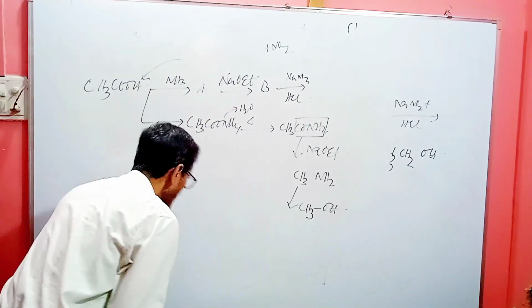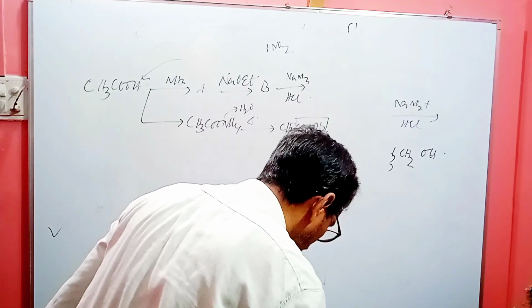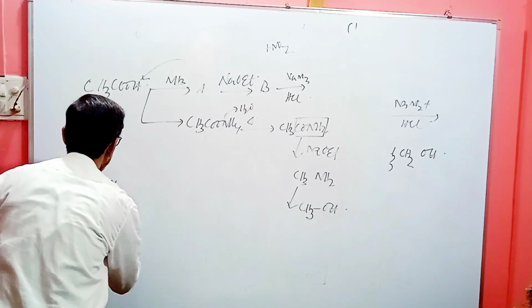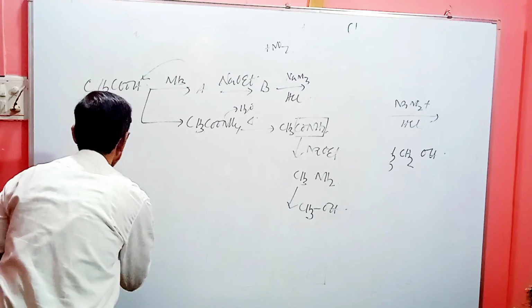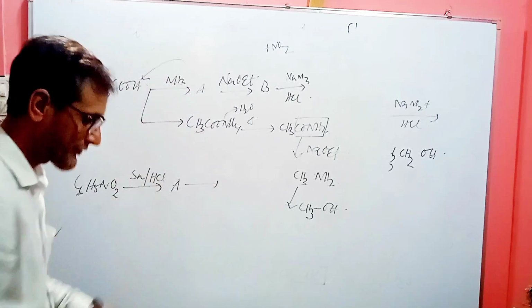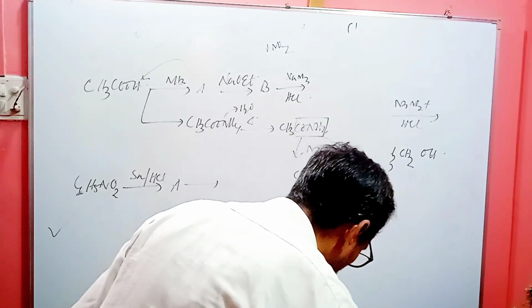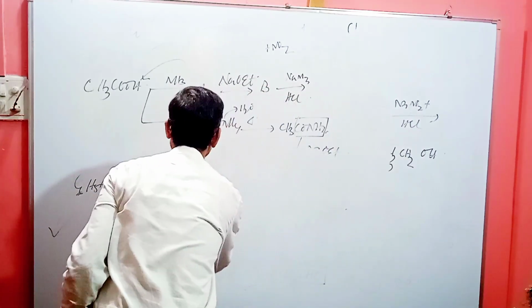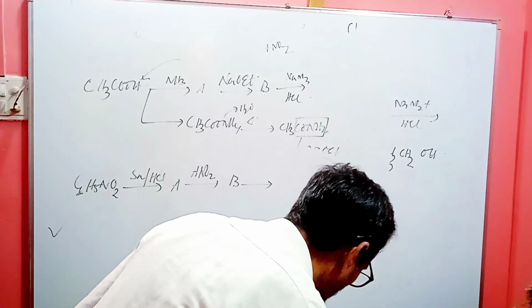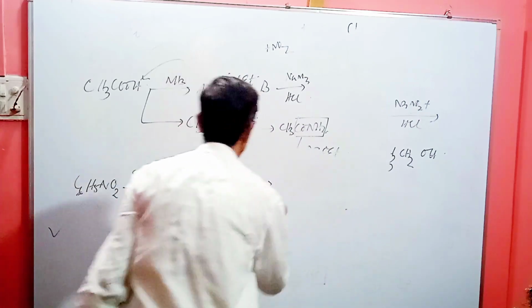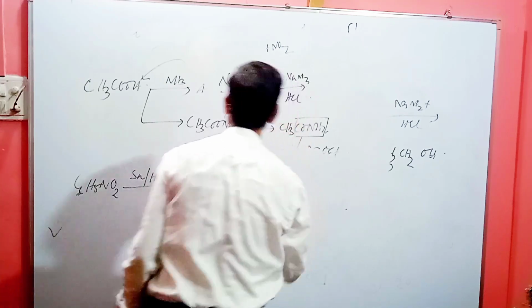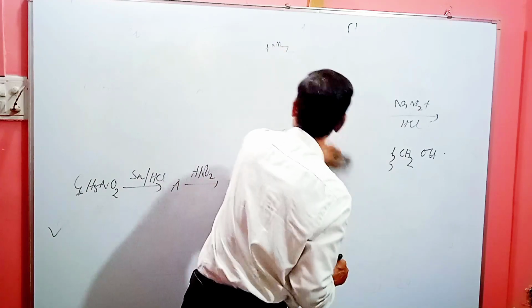Next one is C6H5NO2 gives A in presence of Sn/HCl, and HNO2 gives B, and C6H5OH gives C. I have already done it.